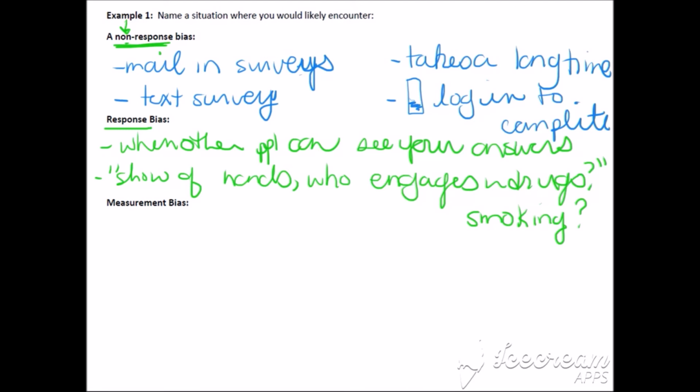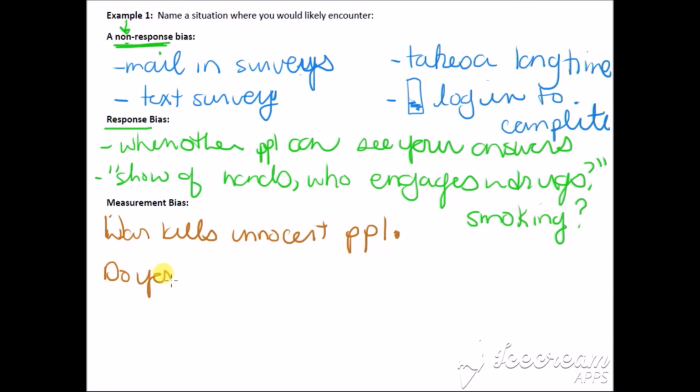Okay, a measurement bias. I'm going to just give you a random example. War kills innocent people. So opening up with a statement like this, war kills innocent people. Well, obviously you're going to be like, well, innocent people shouldn't die. Okay, so this is going to lead your answer. If they ask you, do you think we should go to war with Asia?